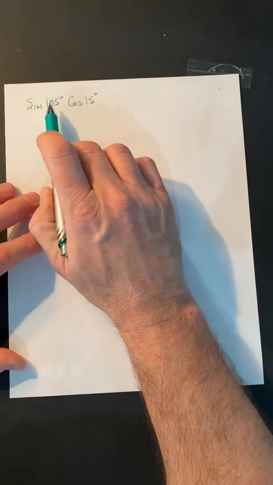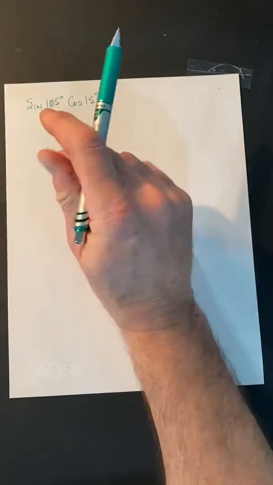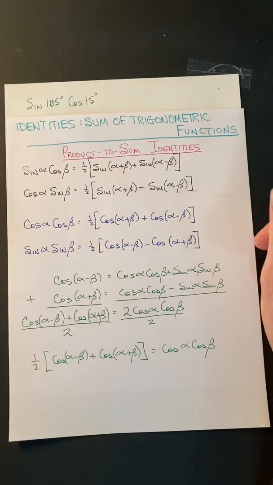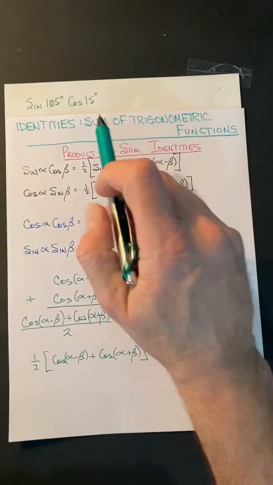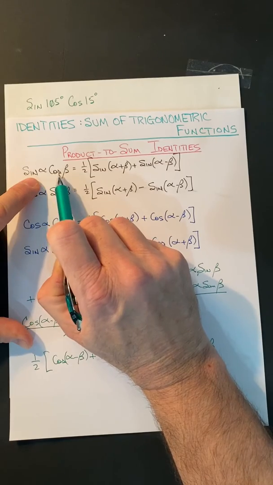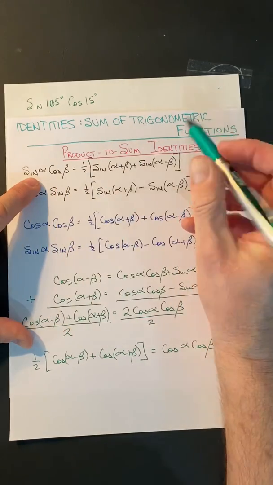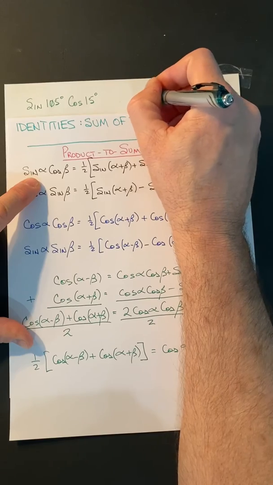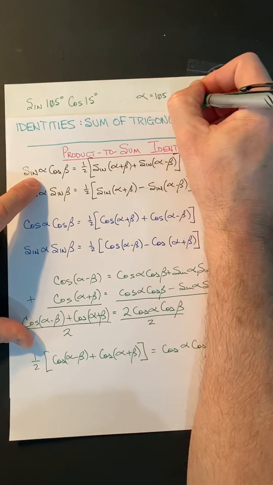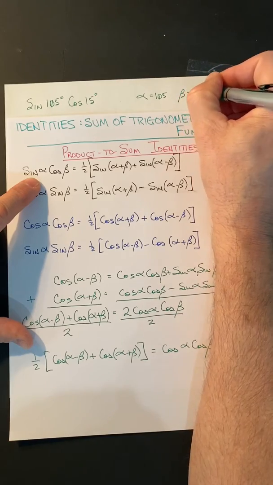So here's a product. So let's go back and think about maybe what does this look like, okay? So here it looks like this one right here, sine alpha, cosine beta, okay? So I'm going to identify alpha as 105 and beta as 15.